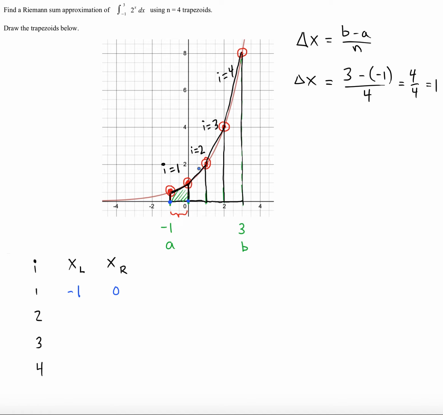For the second trapezoid, we're going to want to have a 0 for the left side of it, and then x equals 1 is the right side of it. And we'll just keep going like that. For the third trapezoid, we've got it starting at 1 and ending at 2. And finally, the fourth trapezoid starts at 2 and goes to 3.